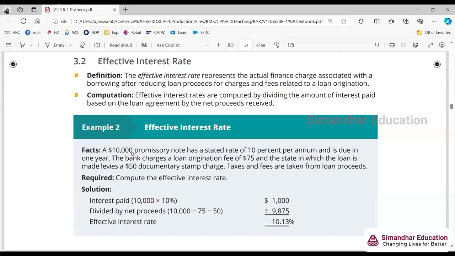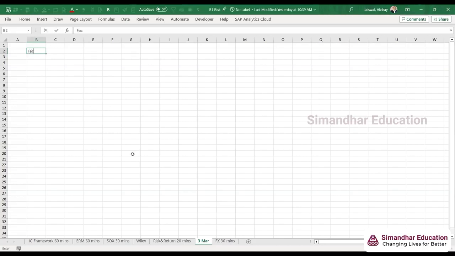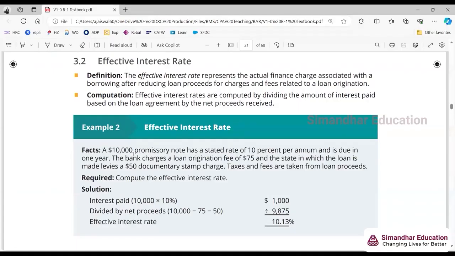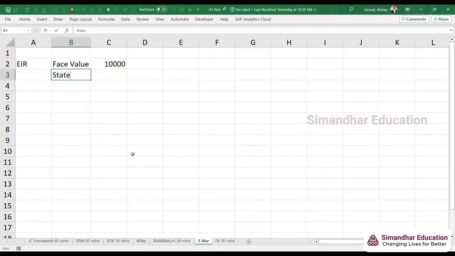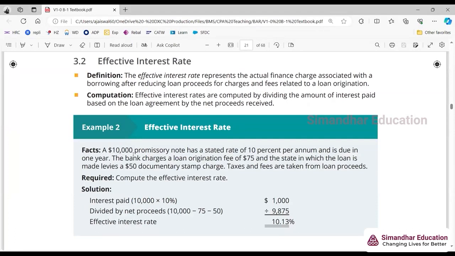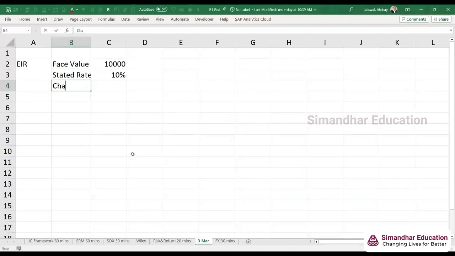So, $10,000 promissory note, so face value is $10,000. We are calculating the effective interest rate. Stated rate is 10%. Next, bank charges and stamp duty both combined. I'll just write charges. Both combined is $125.